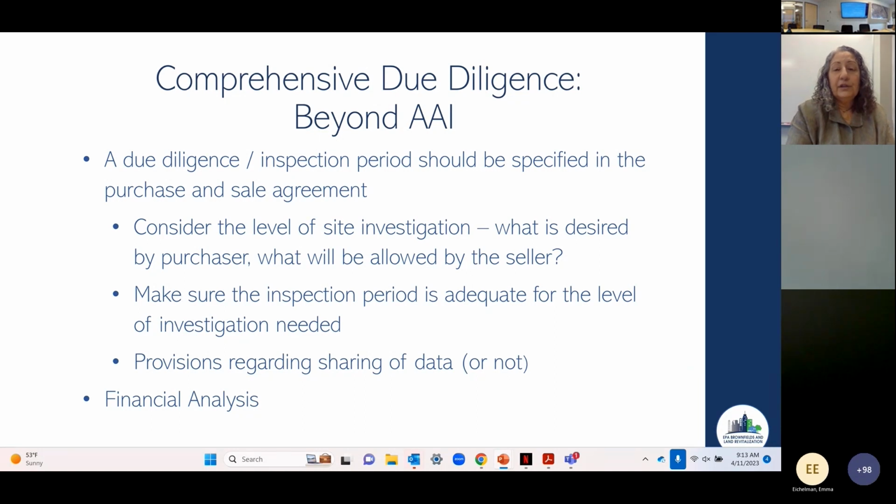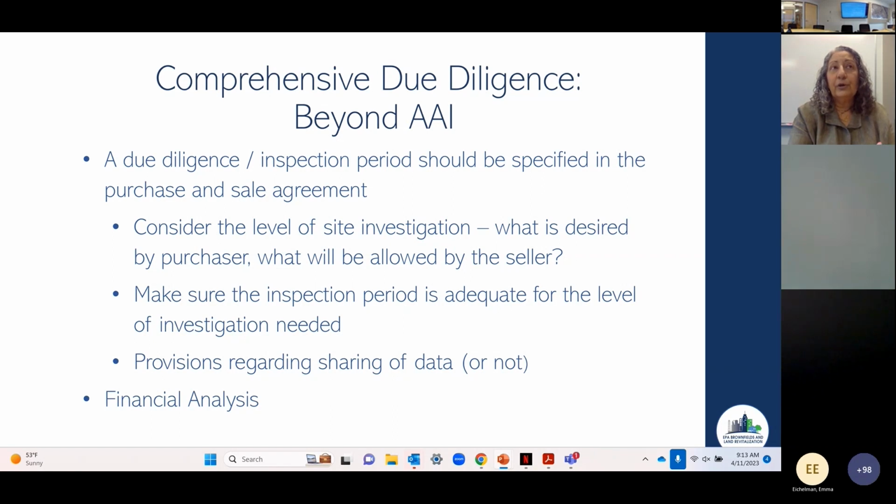And you typically have a contingency period that is specified in the contract, wherein at any point during that period of time, the buyer can elect to terminate the acquisition for any or no reason, and they'll get their deposit back. That's also the date.